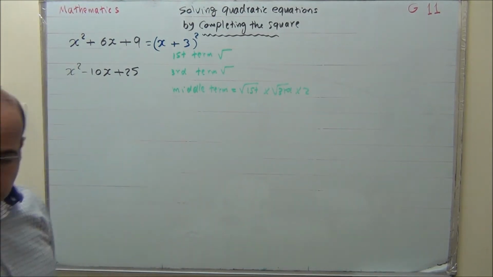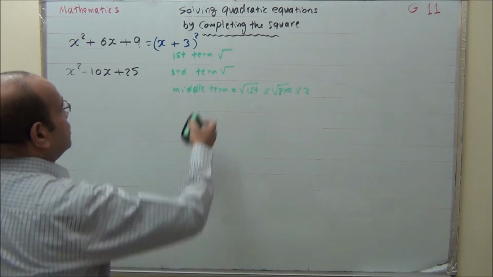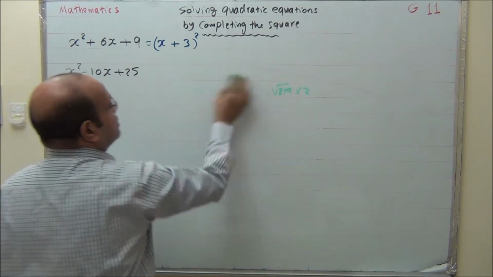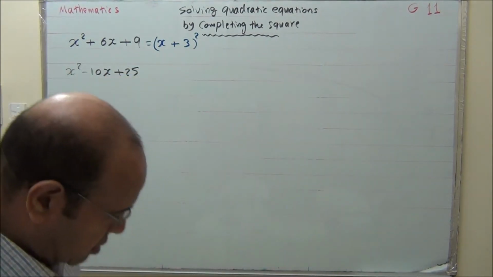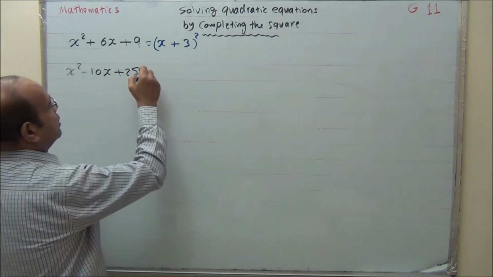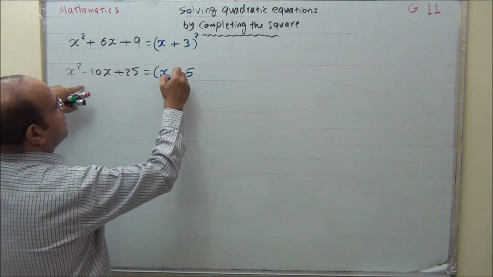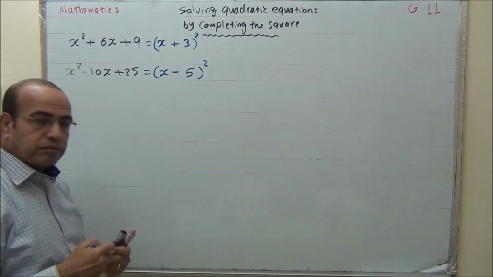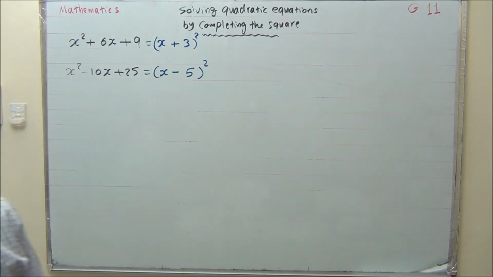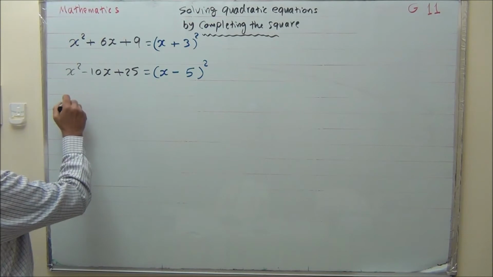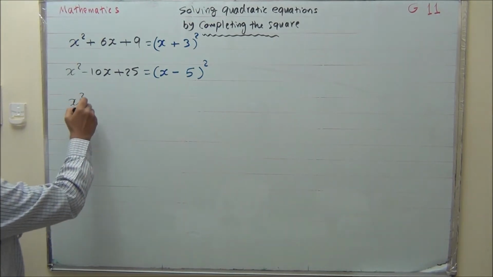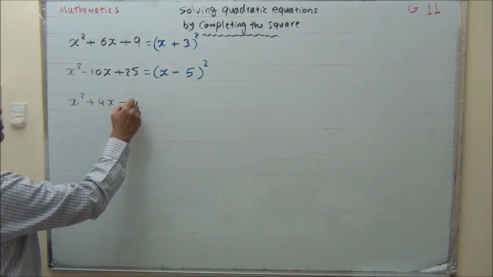So this one is also a perfect square. So we can write this in this form: the square root of the first, the square root of the last, the sign of the middle term, squared.